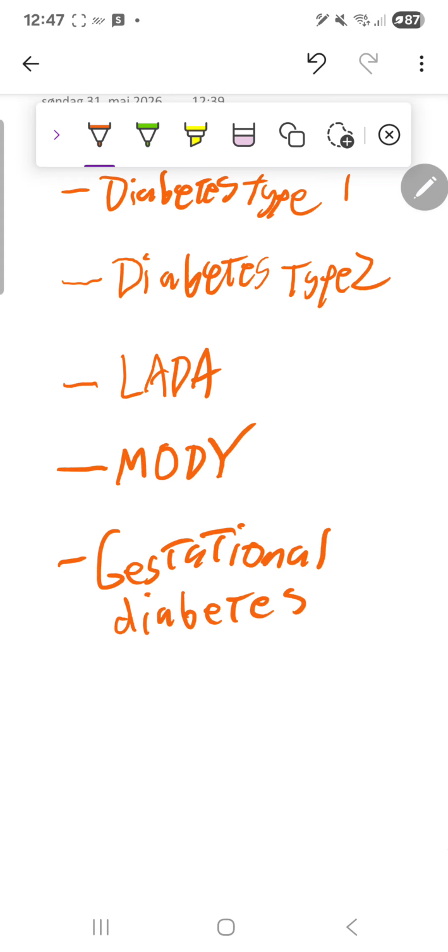And if this blood glucose level is over a certain level, often it's 11.1 millimoles per liter, then you have gestational diabetes.